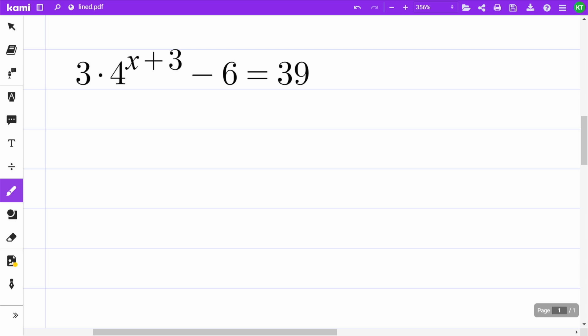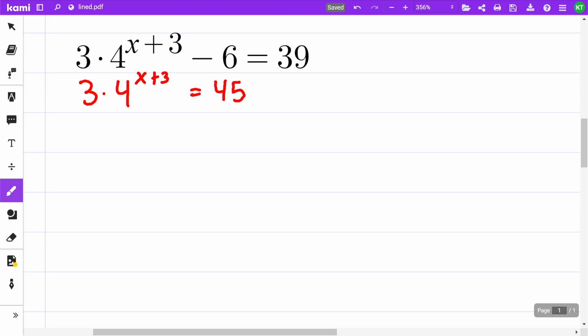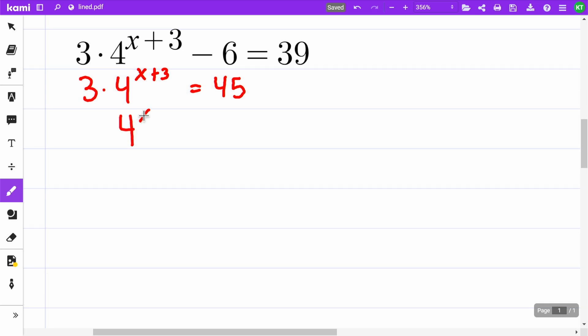So the first step would be adding 6 to both sides. Then I would have 3 times 4 to the power of x plus 3 is equal to 45. I'm going to divide both sides by 3 now to get 4 to the power of x plus 3 equals 15.